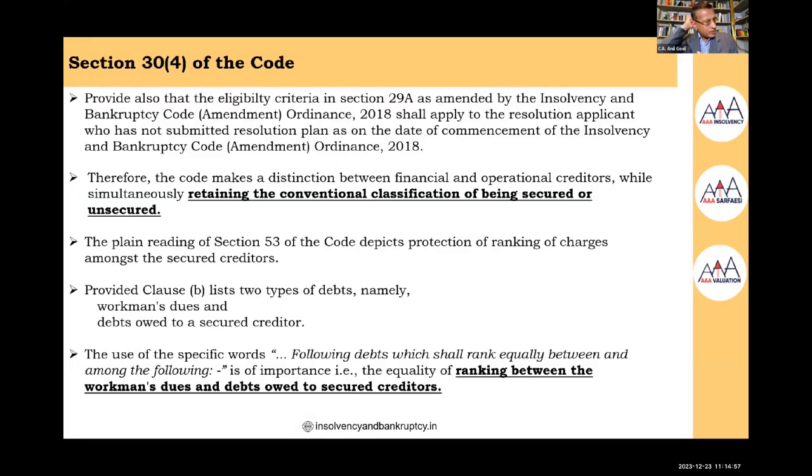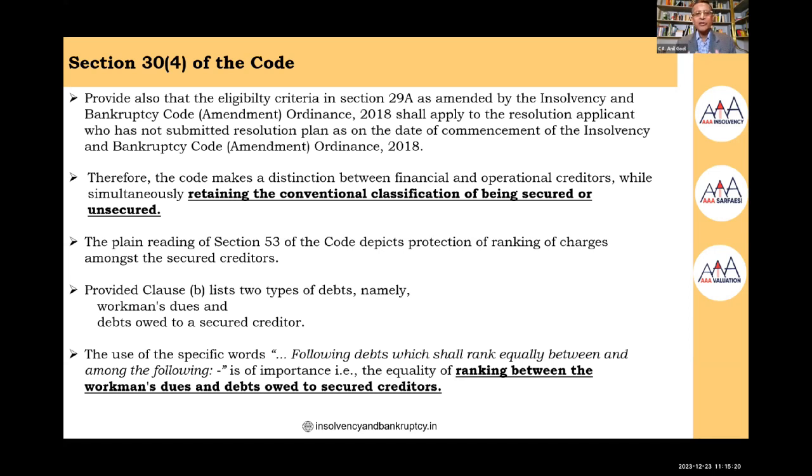Then of course, the other part of the mandatory contents of the resolution plan is that the code makes a distinction between the financial and operational creditor while simultaneously retaining the conventional classification of being secured or unsecured.